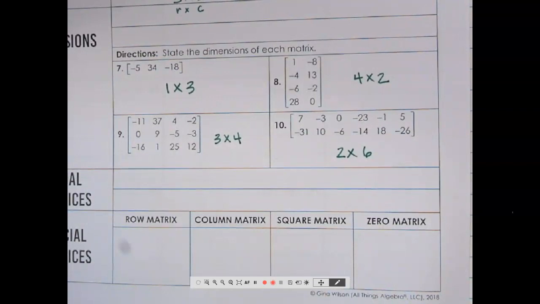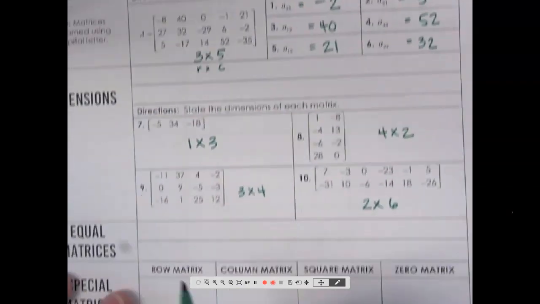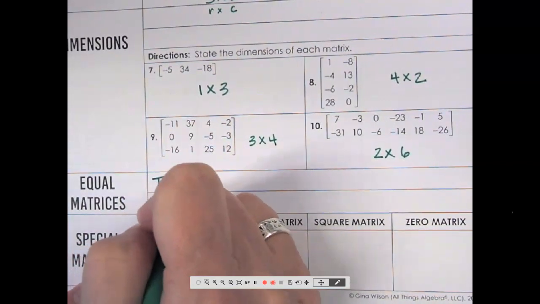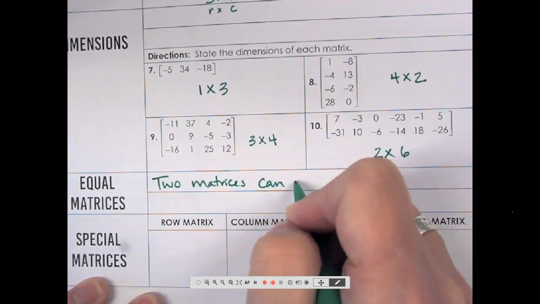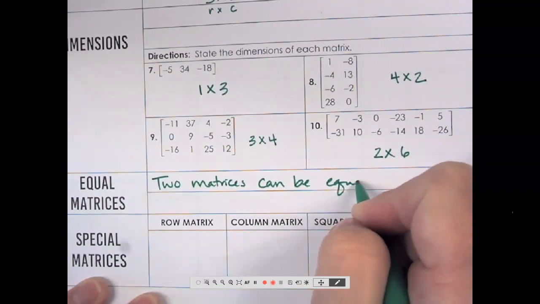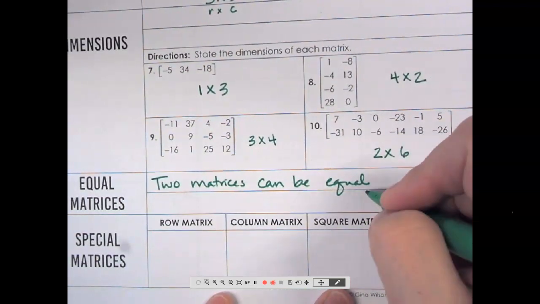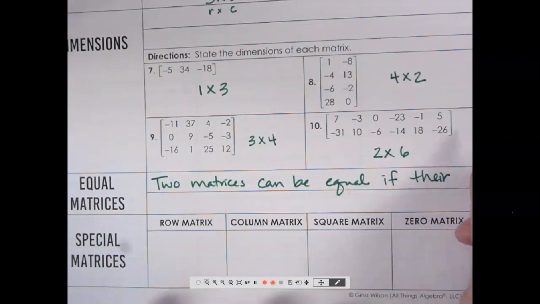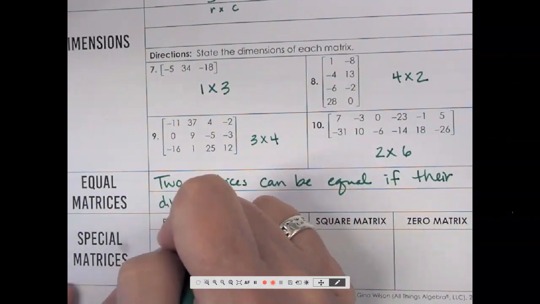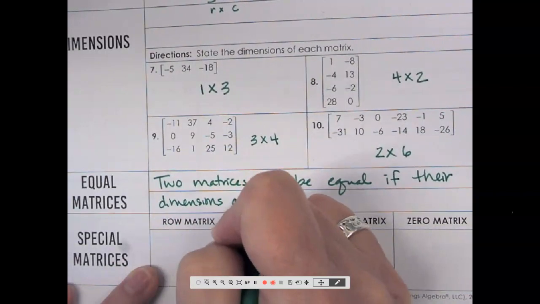Okay, so equal matrices. Matrices can be equal to each other, but everything about them has to be identical as far as the dimensions go. Okay, they might have different elements in them, but two matrices can be equal if their dimensions are the same.